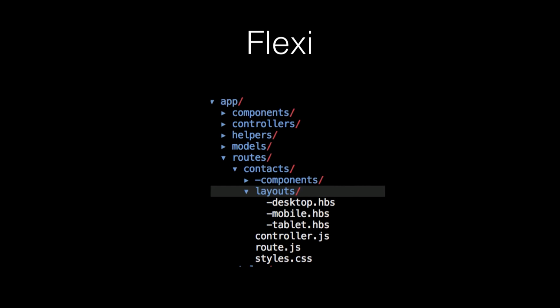Again, Chris wrote Flexi, not me. I'm just the guy who gets to promo it today. But what we do is we go back to that pod that we had before, and instead of having templates.hbs, we add a layouts folder. And in layouts, we add desktop, mobile, and tablet. So all of a sudden, we can start to write a completely different template for each platform, only in the cases that it matters. We can still use templates for the generic cases where it's not going to change.